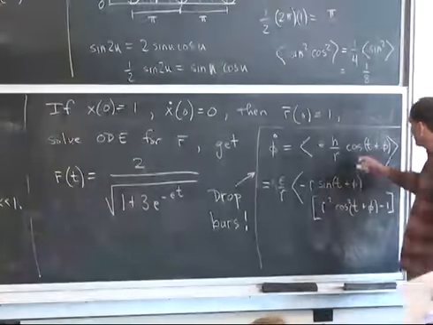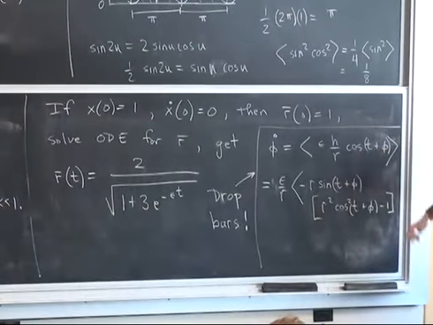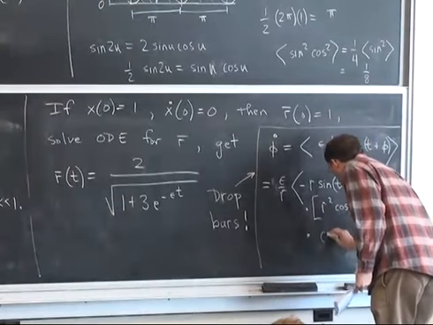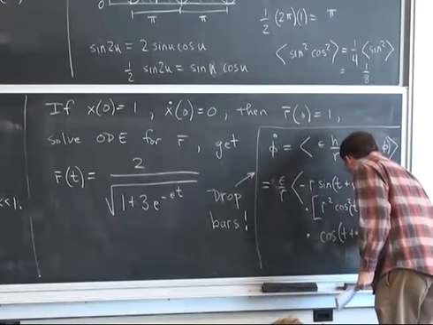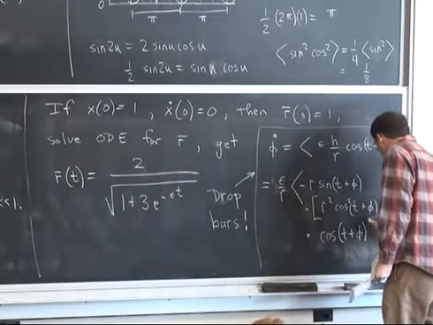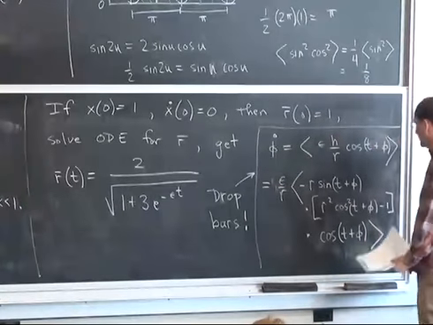And then times this cosine of t plus phi that's sitting in the formula. And that's it. Then close the average.